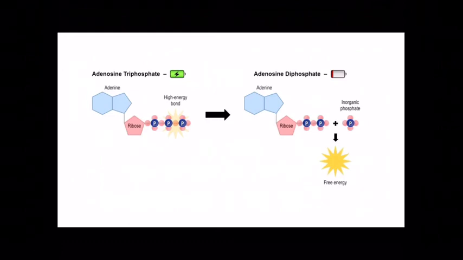So what happens is we break that high energy bond, that third phosphate comes off, and in many cases it actually attaches to and transfers to the molecule that the energy is getting transferred to, and in the breaking of that bond, energy is released. But the other thing that happens is that energy gets transferred to another molecule, and in response, the molecule that's receiving the energy and the phosphate changes shape.